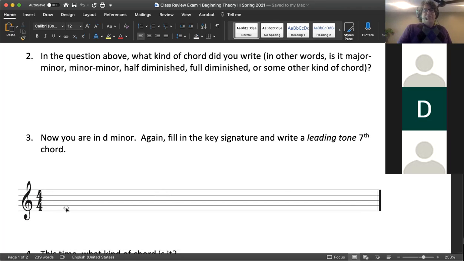So if I'm in F, by the way, I said that wrong, D minor, right? So the 7th degree would be C, but that's a whole step below D. So this one's a C-sharp. And that's the only note I have to change, just the 7th degree in harmonic minor. It's C-sharp, E, G, B-flat. And so everything else is diatonic. But the bottom note, the 7th, we have to sharp it to make it a leading tone. So it's C-sharp, E, G, B-flat.